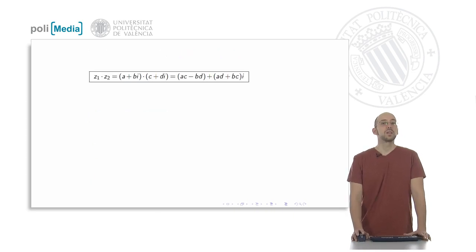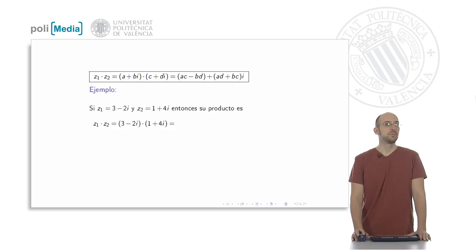Well, let's leave the definition of product up here on the transparency, and let's look at an example. Let's imagine that we want to multiply 3 minus 2i by 1 plus 4i. If we apply the formula as it is up there, first we multiply the real parts of the two complex numbers, 3 times 1.